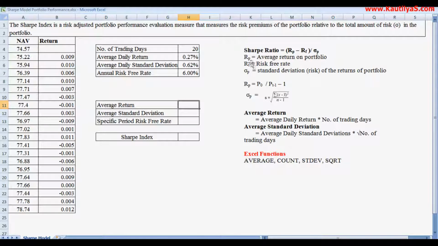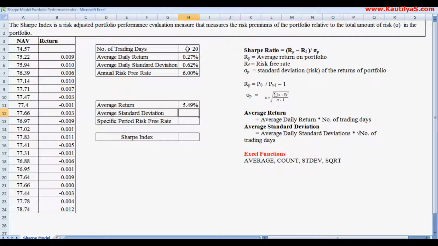Next, in the Sharpe ratio, return on portfolio is average return on portfolio. So here we got the average daily return and total number of days. Average return is calculated using the equation: average return equals average daily return multiplied by number of trading days.